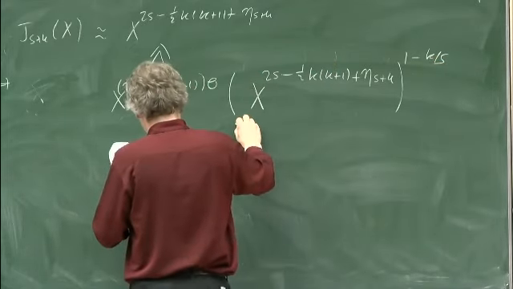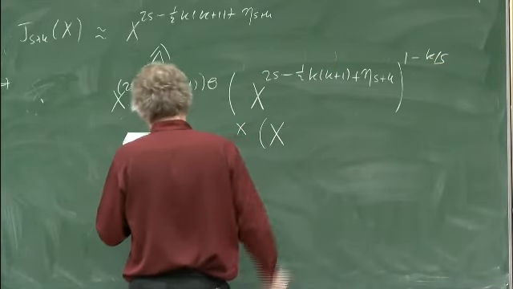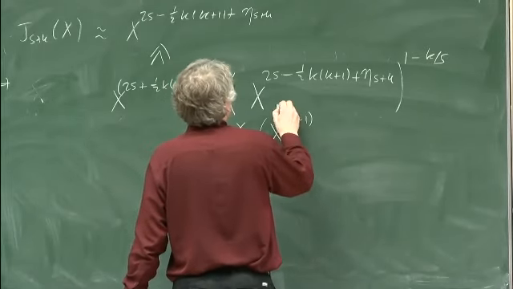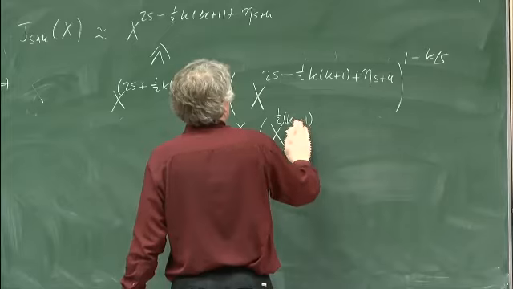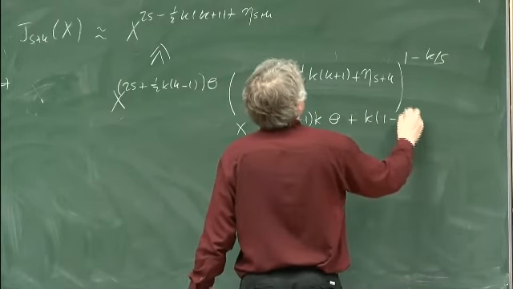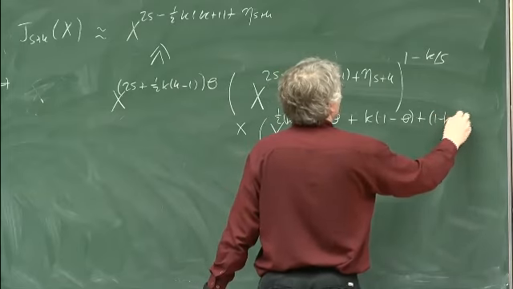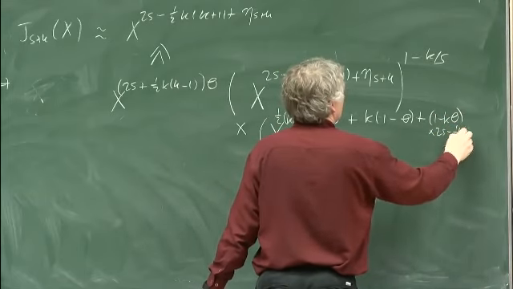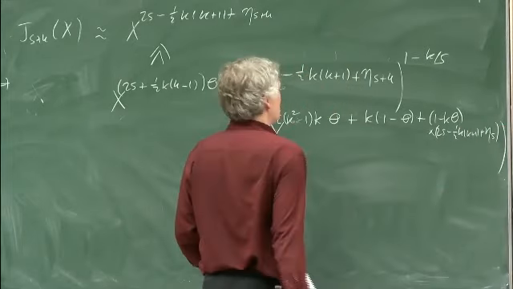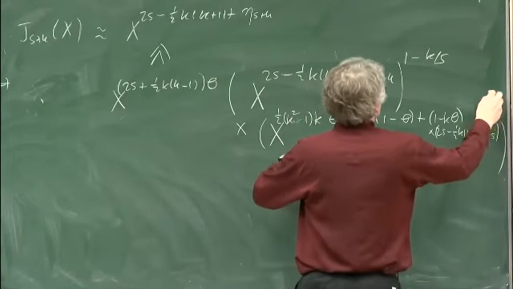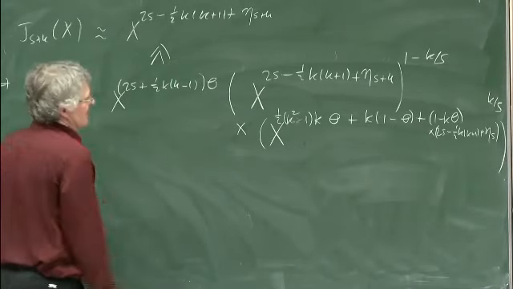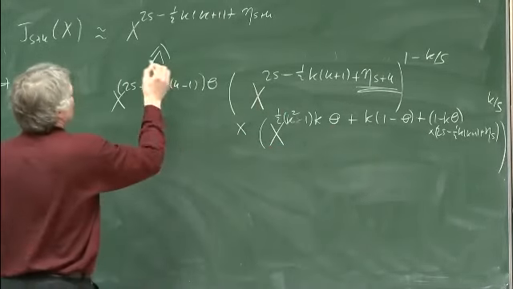And then I've got all this other stuff. That all disappears in a moment anyway, so I'm not so worried about it. Okay, so this is the important part, and this over here.